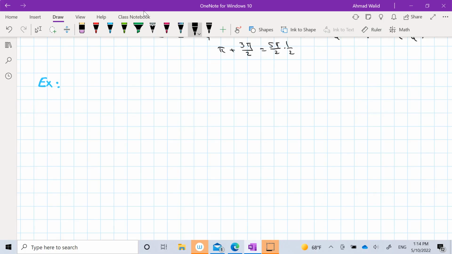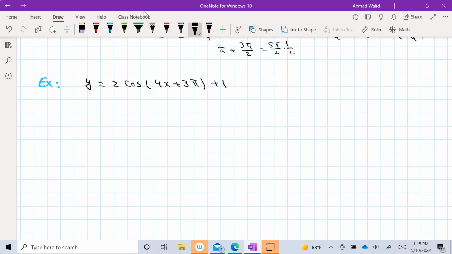Example number 2. We will graph this time y equals 2 cosine of 4x plus 3 pi, and outside plus 1.